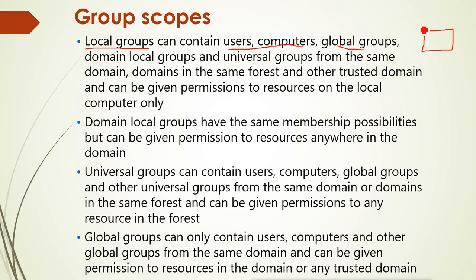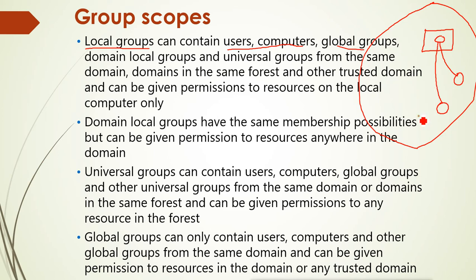This is the local group, and this is our same domain where this local computer is. So if we have any global group we created in Active Directory in the domain, it can be a member of this local group. If we created a domain local group, it can also be a member of this local group.